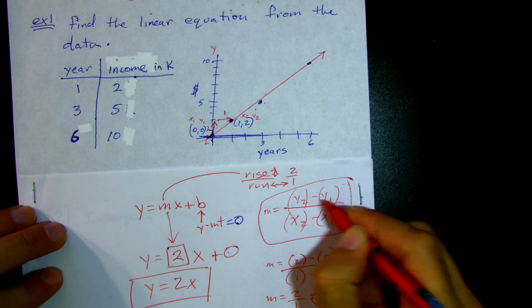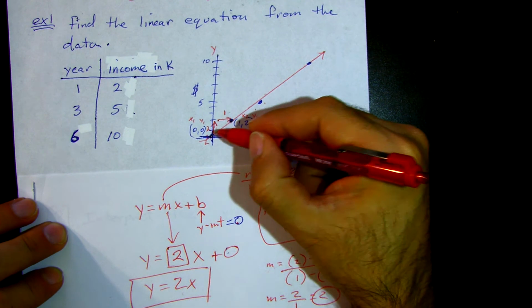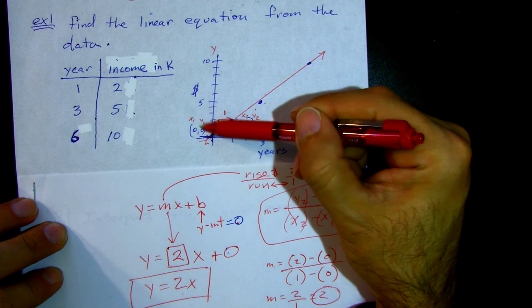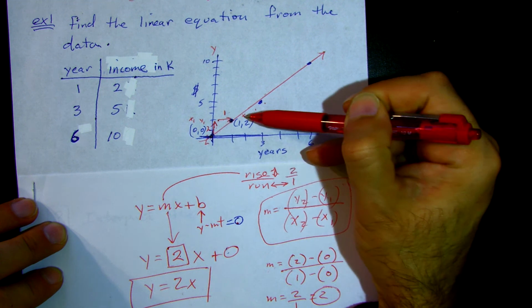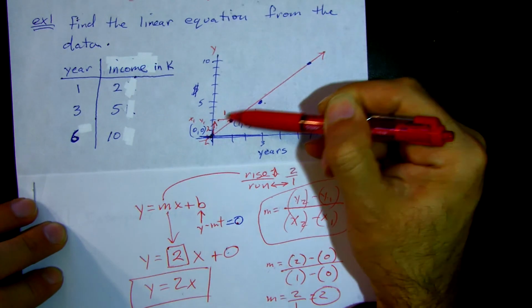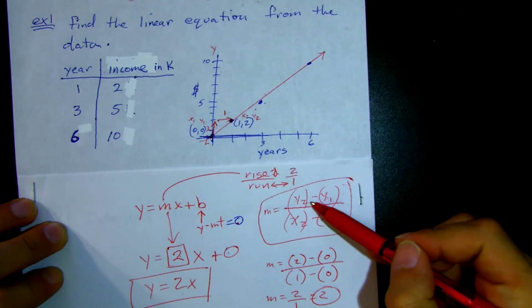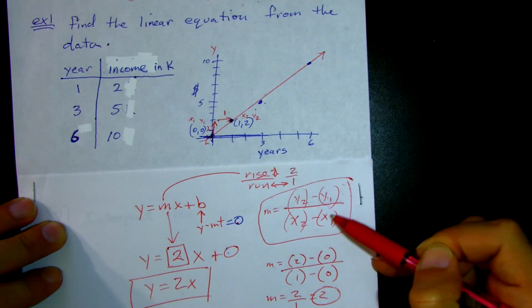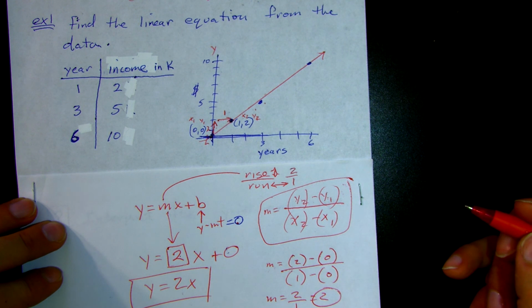Given any 2 points, we could find the slope between them if we label each component of the first point x1, y1, as in this is point number 1, and x2, y2, as if this is point number 2. We then find the rise over the run by plugging it into this formula. The rise is the change in y, the run is the change in x, rise over the run. Does that remind you? We did this before. Yeah. Got it now? Yeah, thank you.